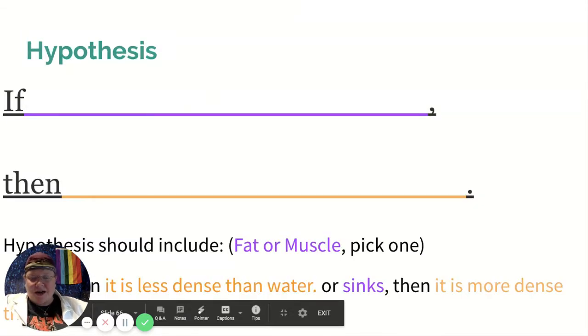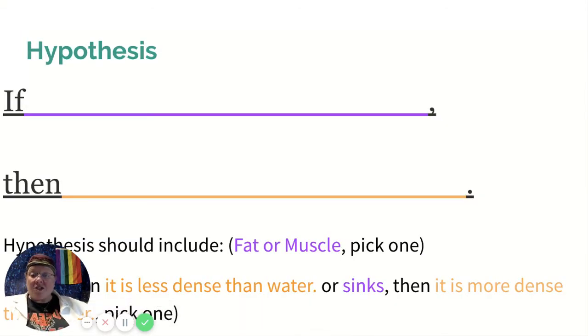Let's talk about our hypothesis. I want you to be following along with the lab. Hopefully you've uploaded it to Notability. You're going to want to focus your lab. It doesn't matter to me if you focus on muscle or if you focus on fat, but we're going to write our hypothesis.